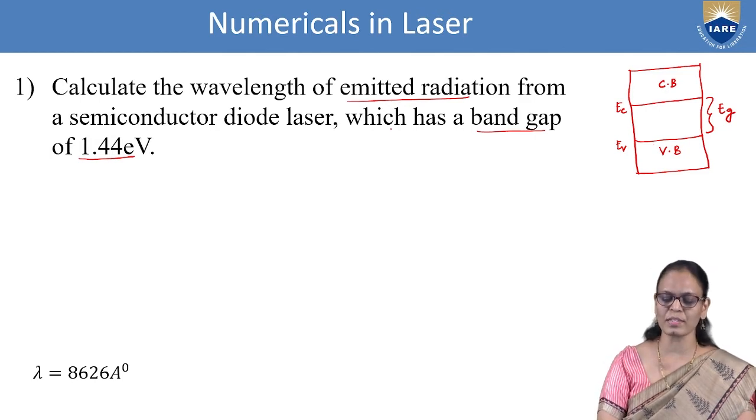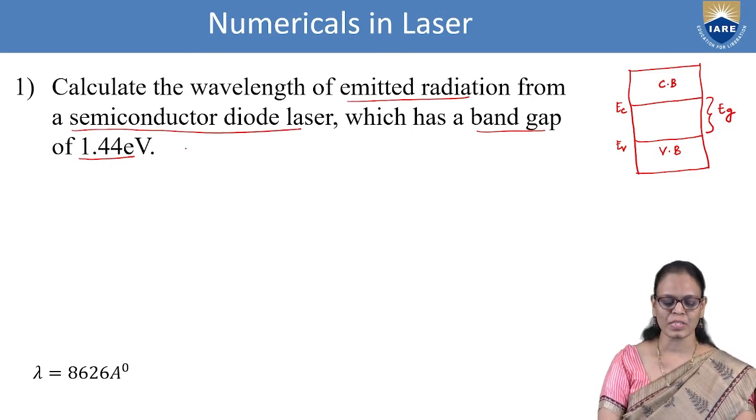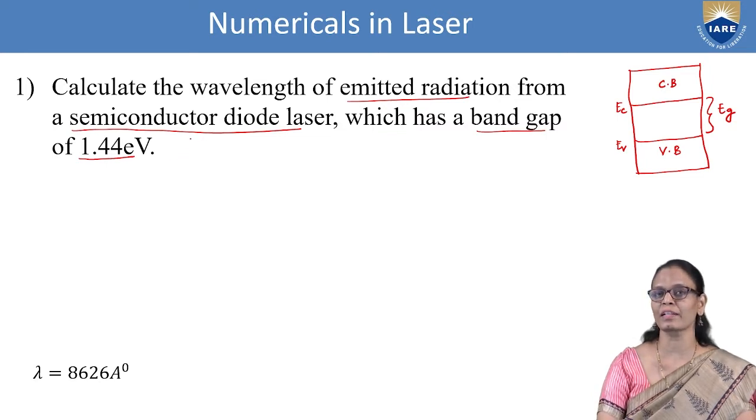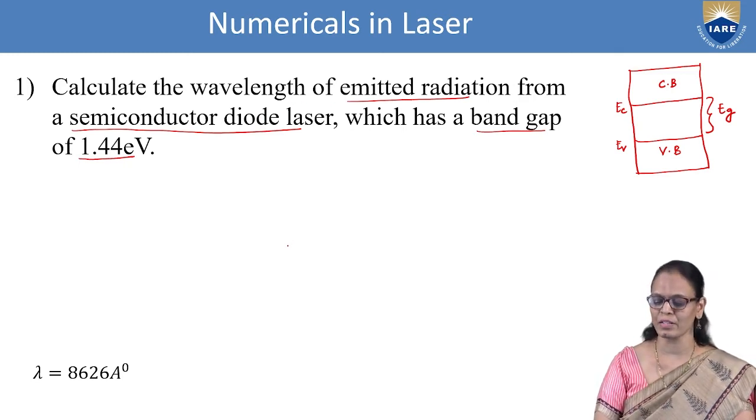So now what is given here is the band gap. And when a radiation is emitted in a semiconductor diode laser, which is a PN junction diode laser, we talk about a direct band gap, where the k vectors of the valence band and the conduction band will match with each other, and when the radiation is emitted, you can calculate the wavelength of the emitted radiation.